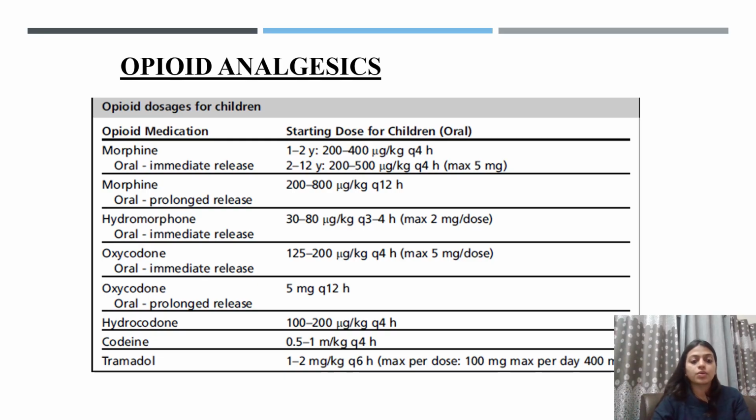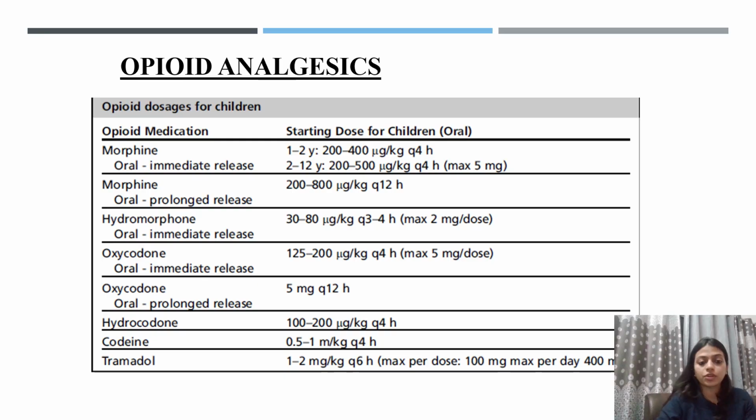Okay, so morphine oral prolonged release can be given 200 to 800 micrograms every 12 hours, and hydromorphone can be given 30 to 80 microgram per kg body weight every 3 to 4 hours, and oxycodone is given 125 to 200 microgram per kg every 4 hours.